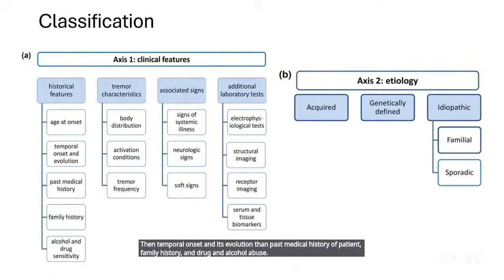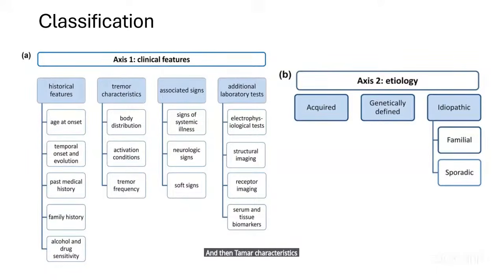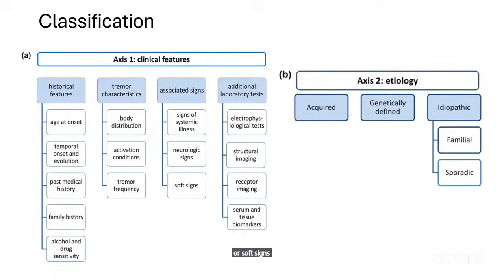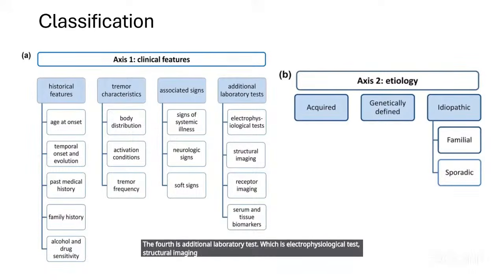And then tremor characteristics like body distribution of tremors, activation conditions, and tremor frequency. Then the third is associated signs like signs of systemic illness, neurological signs, or soft signs seen in essential tremor plus syndrome. And the fourth is additional laboratory tests, which are electrophysiological tests, structural imaging, receptor imaging, or any serum or tissue biomarkers. The second is etiology.